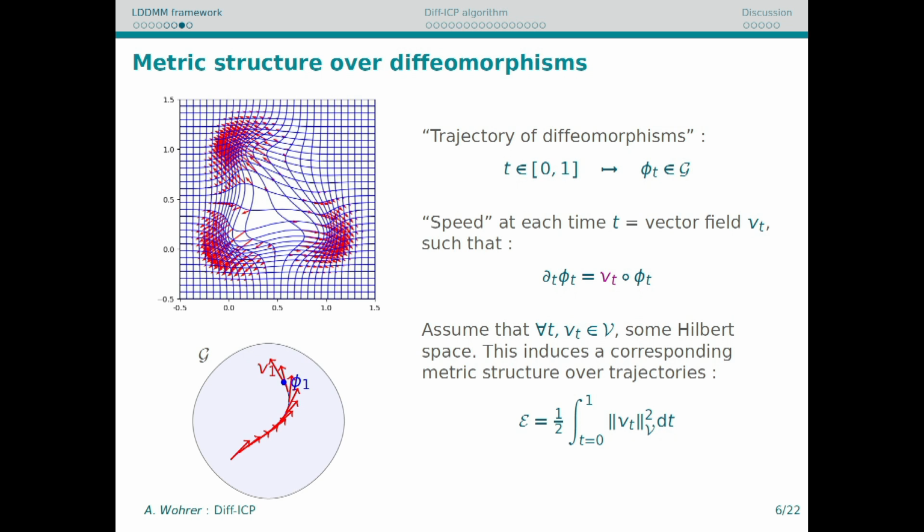So you can define its squared norm, and then you can integrate the squared norms of the speeds of your trajectory from the identity to the final diffeomorphism. And you're going to view this as a metric structure over the trajectories in your diffeomorphism space. And the next classic step, so that's really the basis of the LDDMM framework.